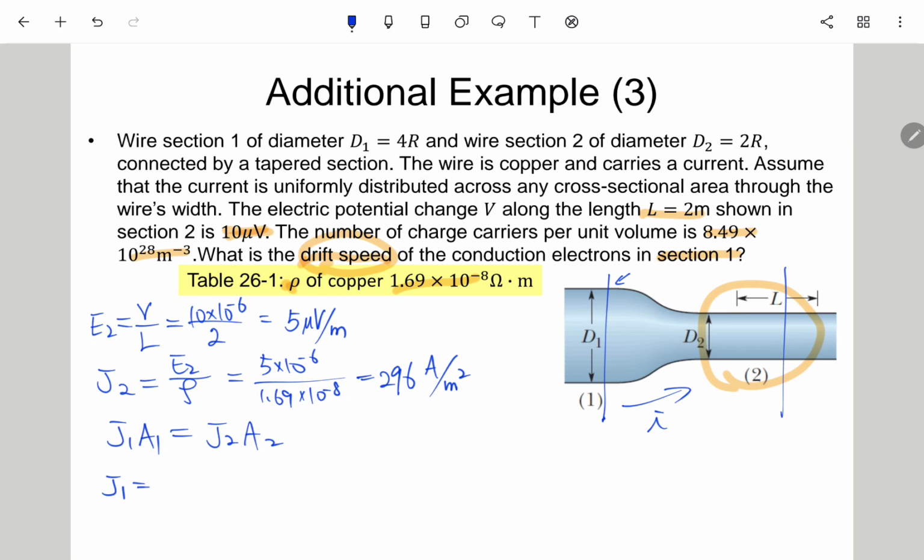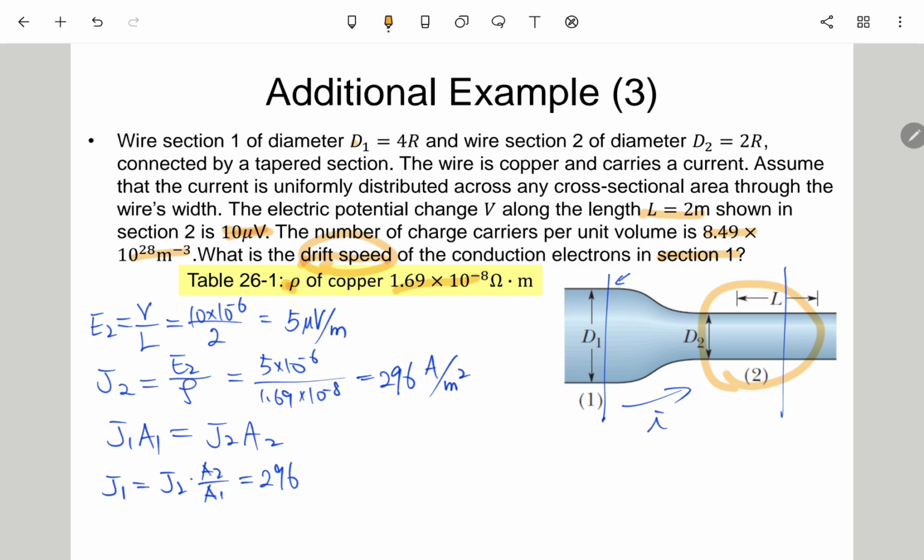So J1 will be J2 times A2 over A1. J2 is 296 A per meter squared. For A2 and A1, both cross-sections are circles.